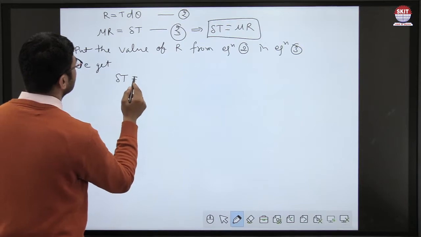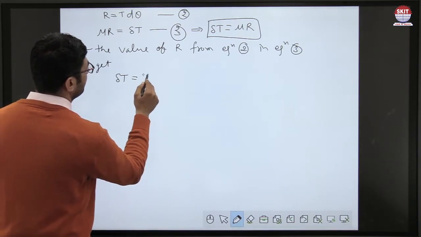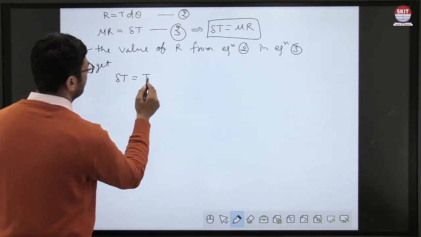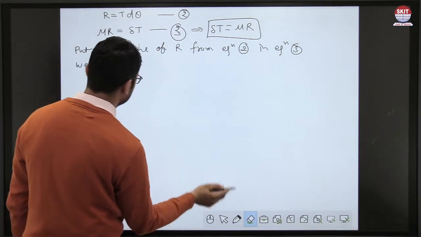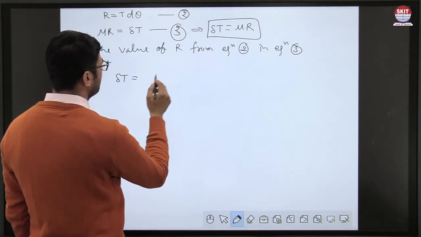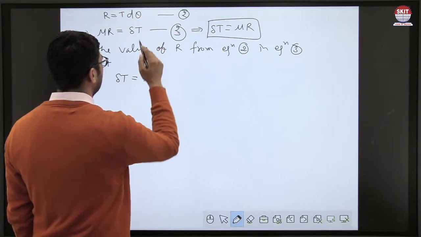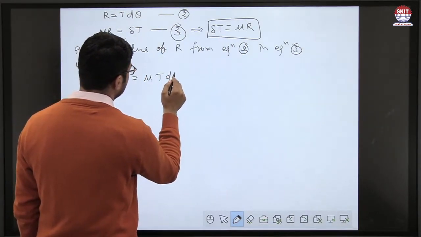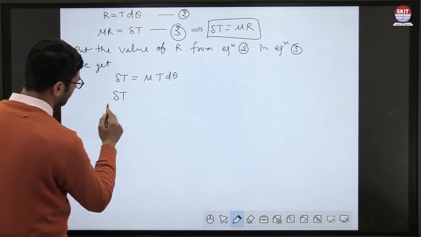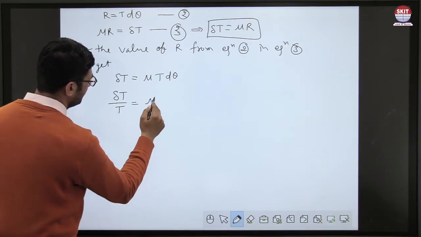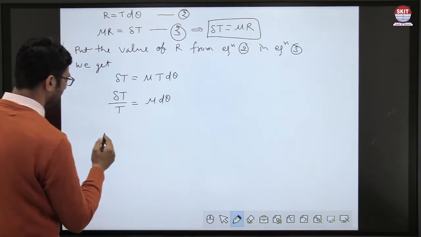We get delta T equal to mu, and the value of R is T d theta. We rearrange this equation: delta T upon T equal to mu d theta.